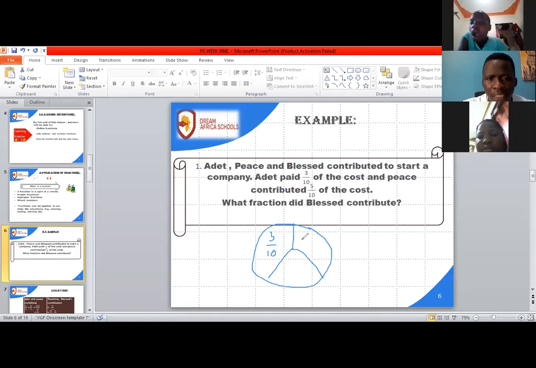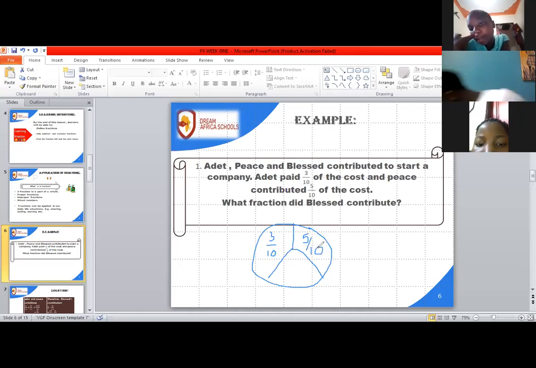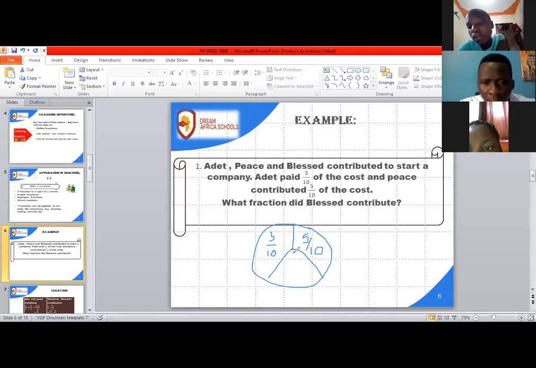And we realize that Peace contributes 5 out of 10. And Blessed, we are not given the parts Blessed contributes. However, it's very easy for us to get to know the fraction contributed by Blessed.